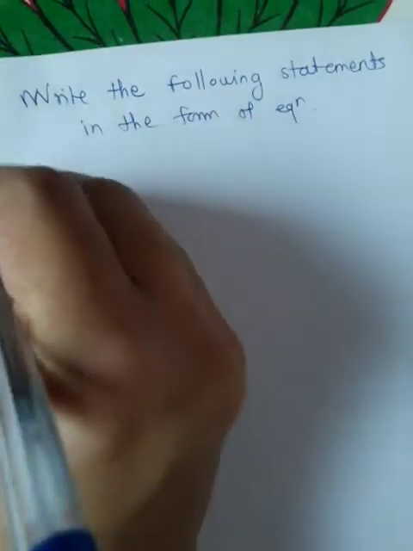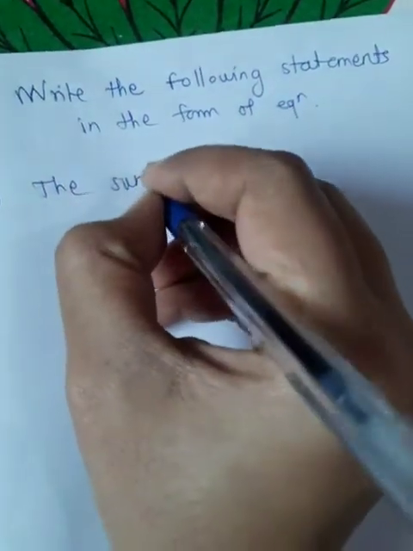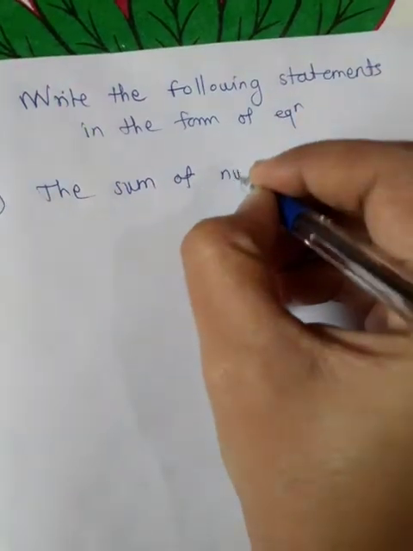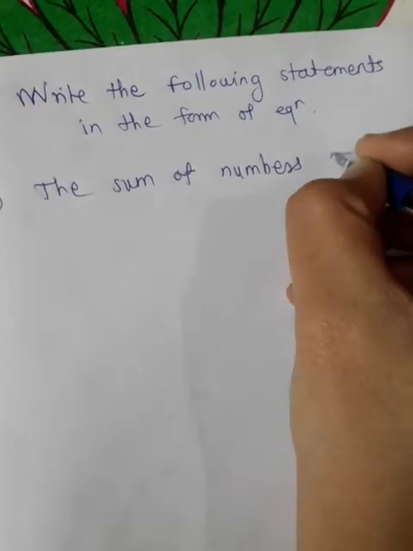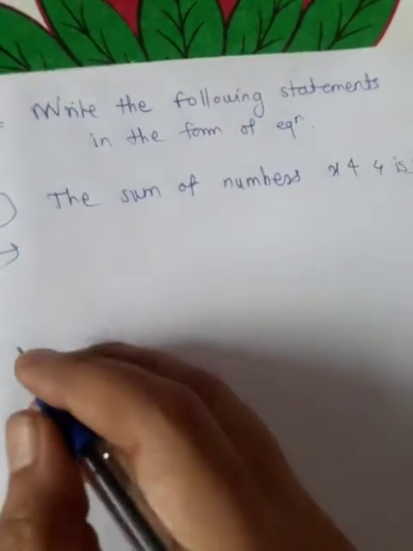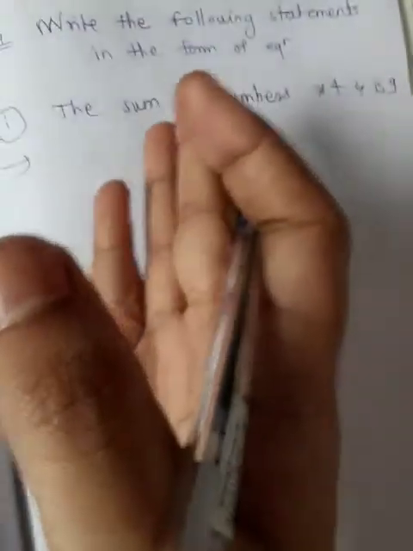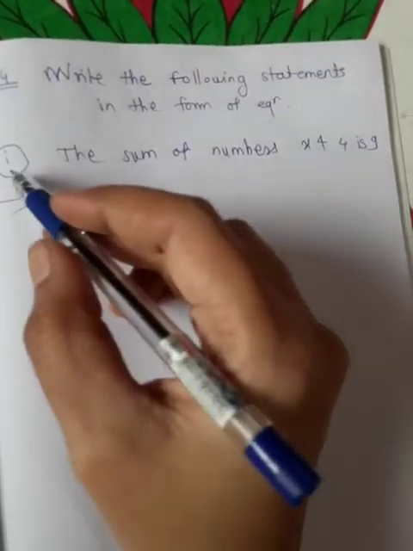The first statement is that the sum of numbers x and 4 is 9. They have given 11 statements in question number 4, and I have discussed how to convert a statement into an equation. So I will explain only one example.